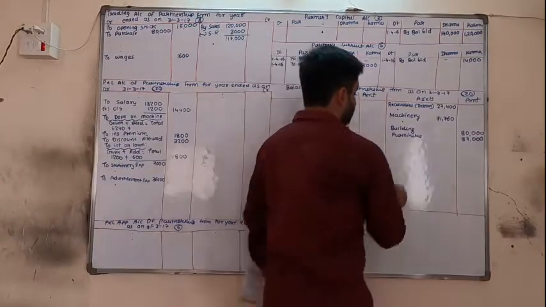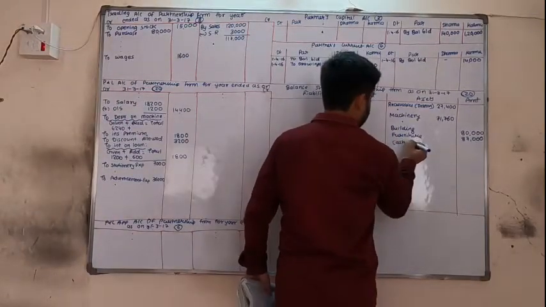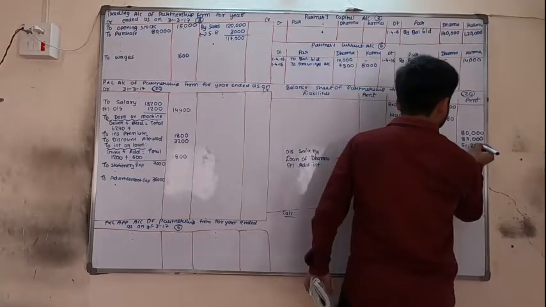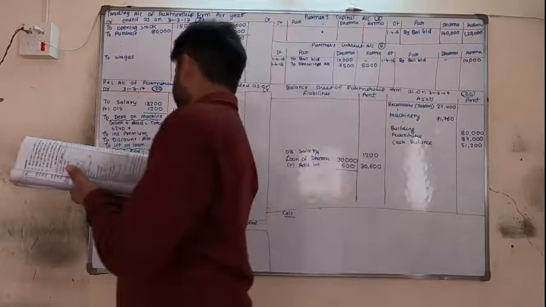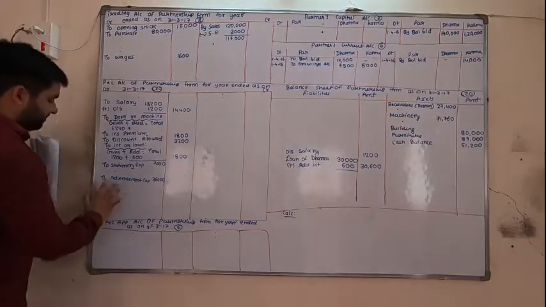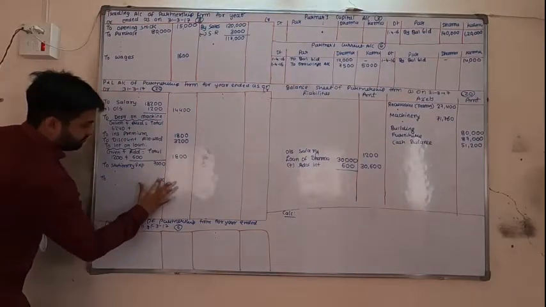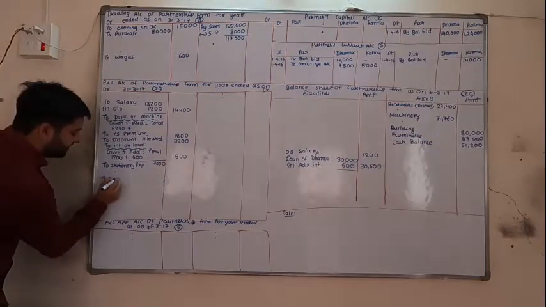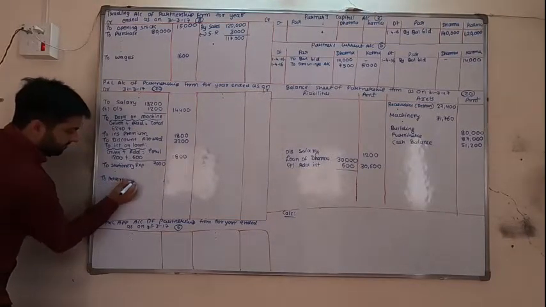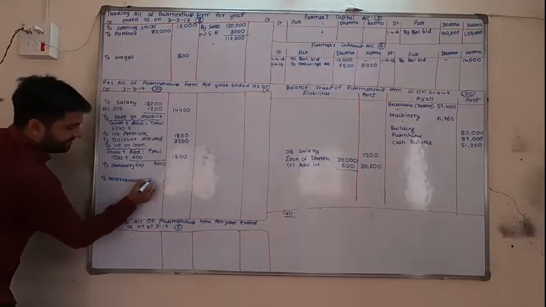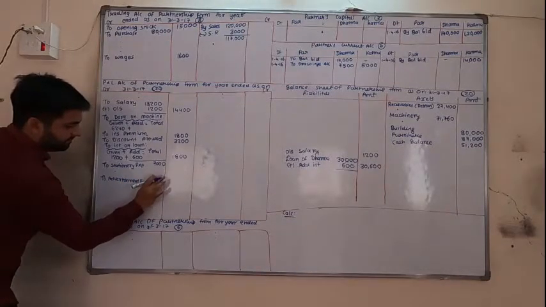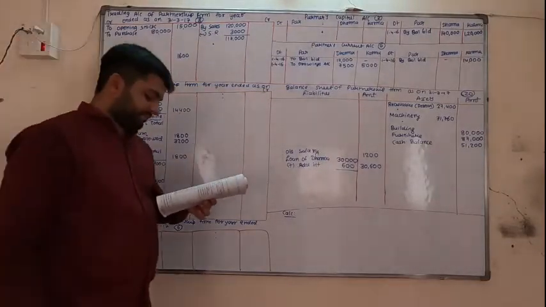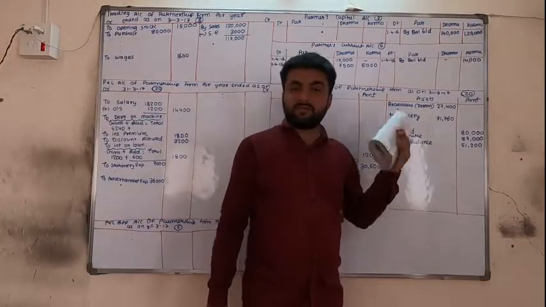Next, cash balance is our asset, 51,200. This I will leave a little space and write: to advertisement expense 36,000. And last is current account, done, that is written.